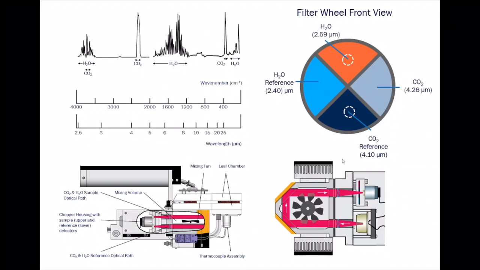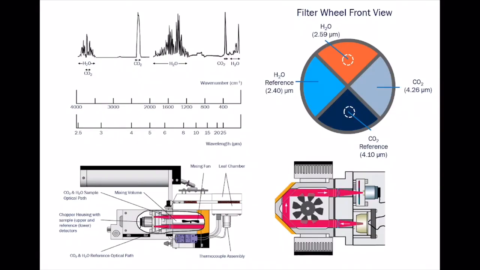So we look at the difference between the absorbing and the reference. You can see that the path length is bent, and that allows us to have a longer path length, so we get a much better measurement of CO2 and water vapor, but keep the analyzer to a small size.